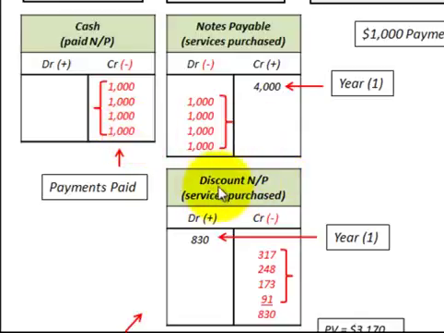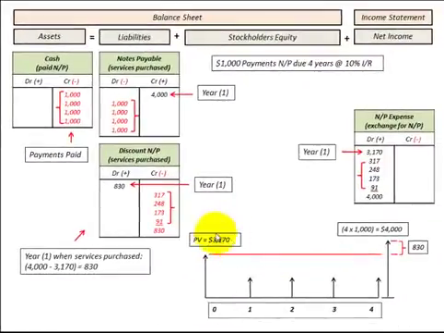And we have to go down here and record a discount to notes payable. Now that's a contra account to notes payable, where it reduces the notes payable amount, and that's calculated here, where this discount represents this interest expense that we had to allocate here.